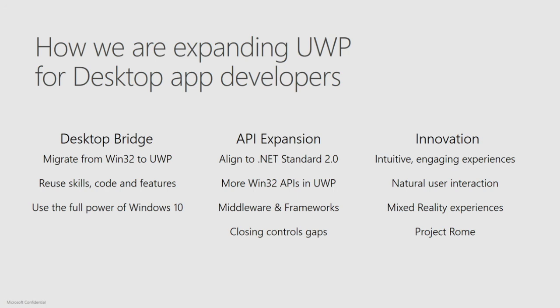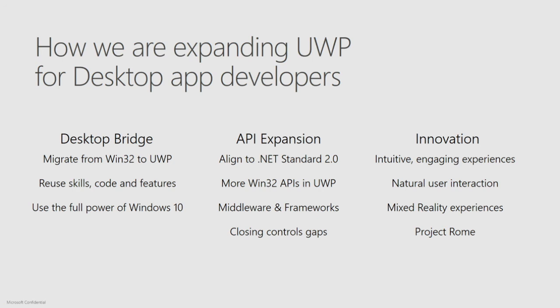It will still run as full trust, so you don't get all those benefits just from packaging. But you can start distributing through the store, you can start calling UWP APIs, and you can start moving your code over into the app container world gradually at your own pace. That's a pretty great story for your existing projects.